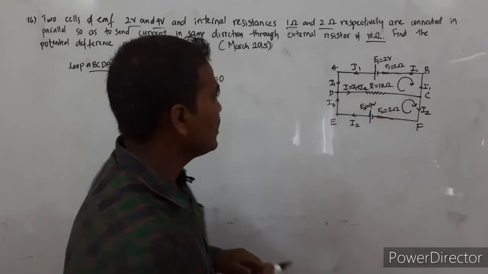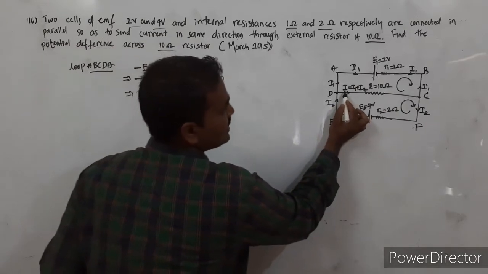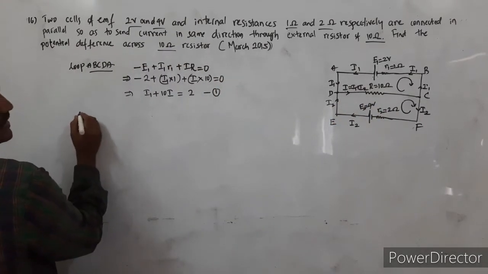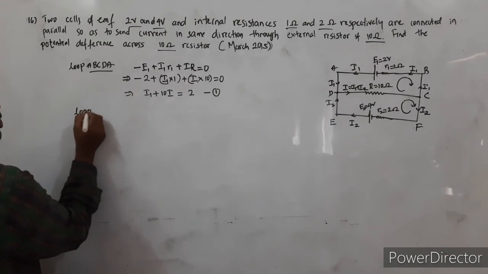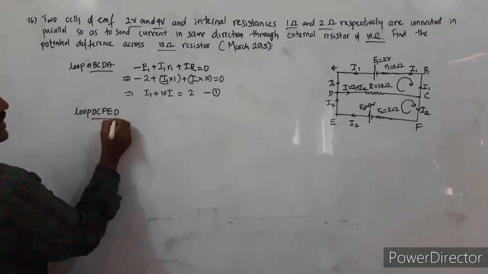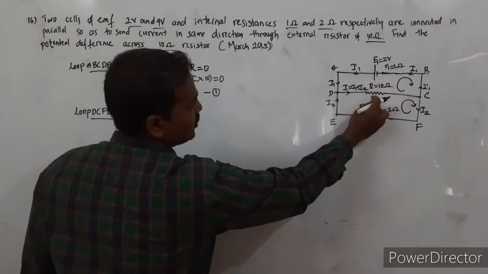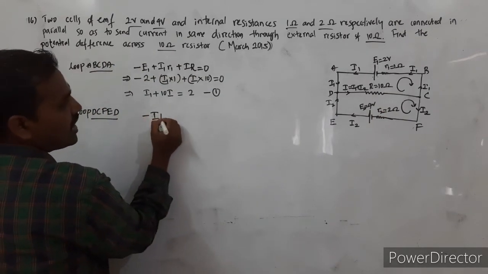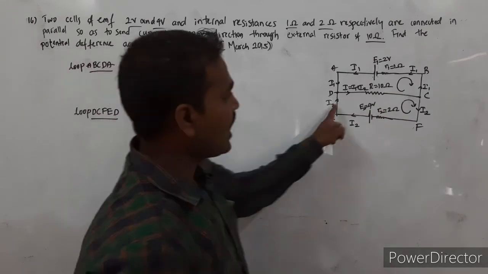So the potential drop because of this capital I across this resistor, I take it as a minus, minus of I into R.